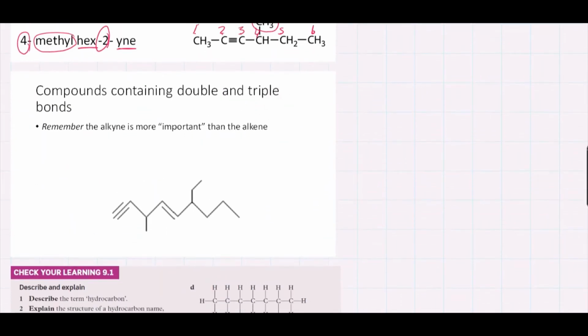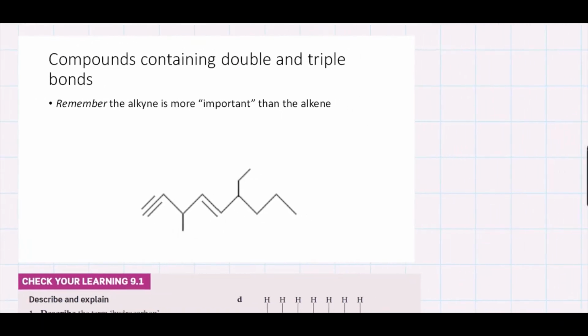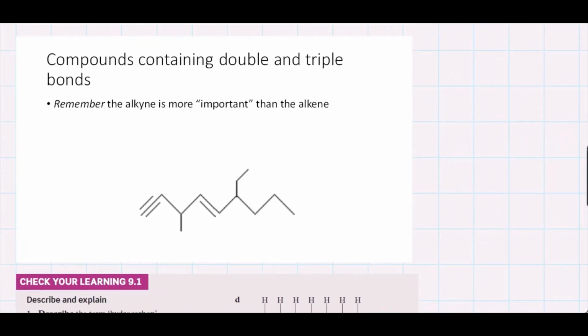So I just want to repeat that the alkyne is more important than the alkene. So in this molecule, this is our parent chain. Remember, we count those rings as carbons. So 1, 2, 3, 4, 5, 6, 7, 8, 9.